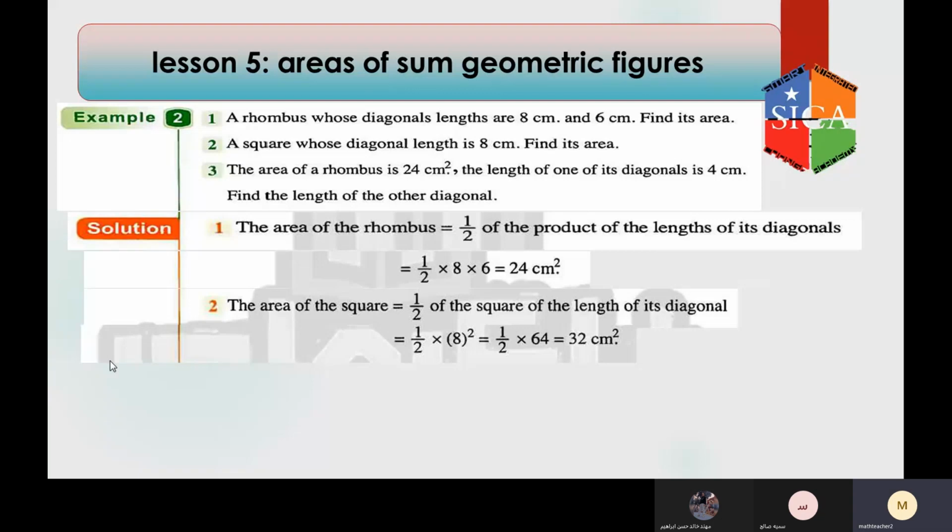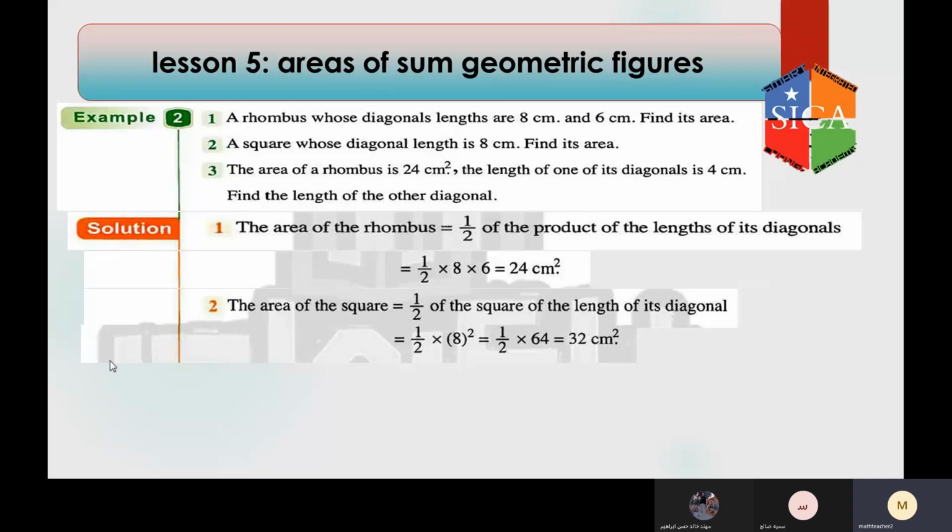The area 24 equals half times the first diagonal, here 4, times the second diagonal, here unknown. Then the other diagonal will equal 24 divided by half the first diagonal.